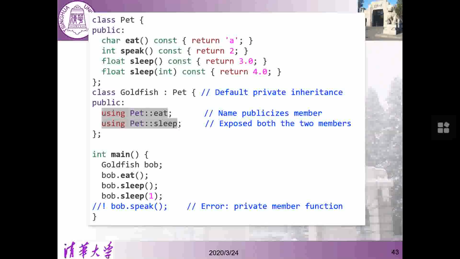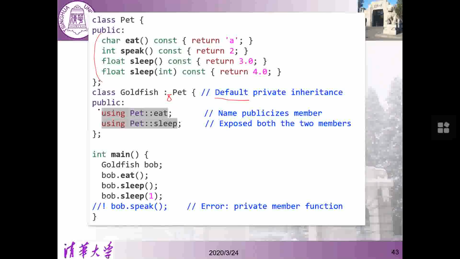Here's an example. We have base class pet, with some public members, a public interface. Then we can define a derived class by private inheritance. By default, if we do not have a keyword here, it will be private inheritance.